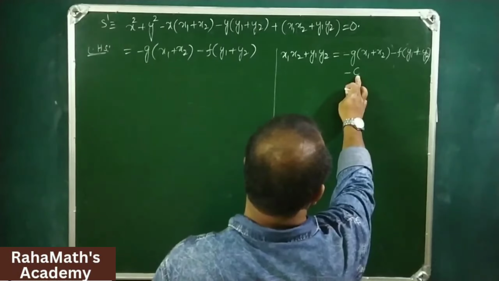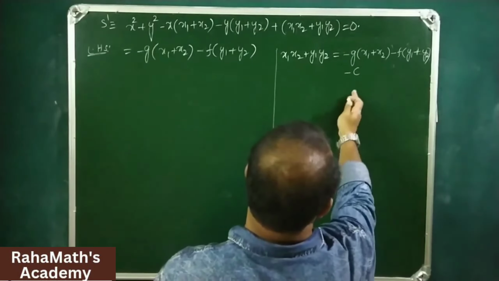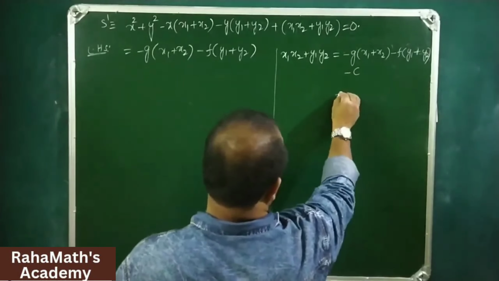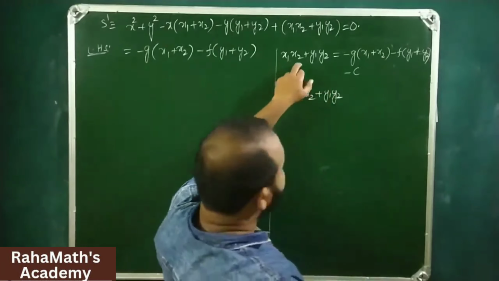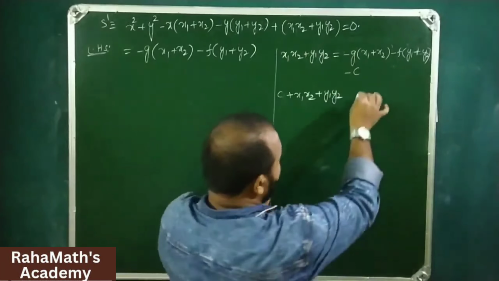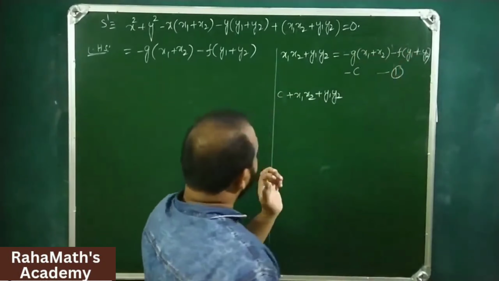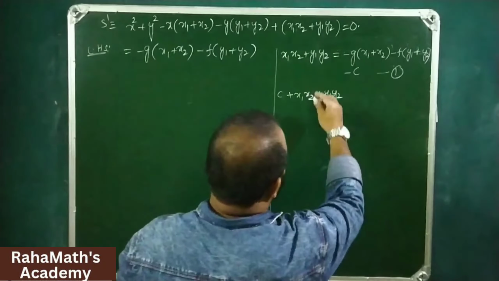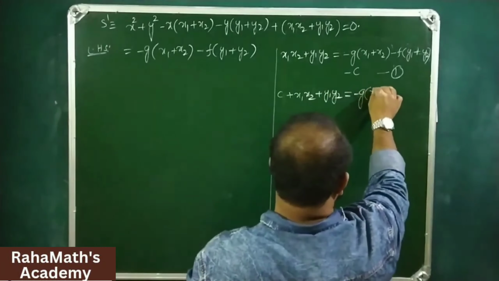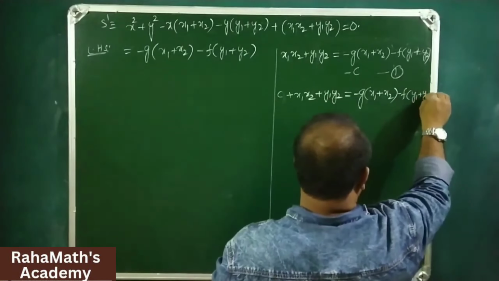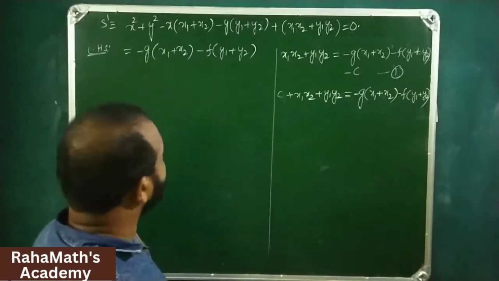If minus c is taken to this side, c plus x1 x2 plus y1 y2, which we got earlier, otherwise you may take it as the first equation. So c plus x1 x2 plus y1 y2 is equal to minus g into (x1 plus x2) minus f into (y1 plus y2). So from this we can reduce this.